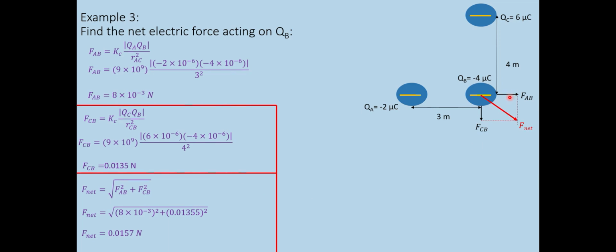Next step is to find the direction. Theta equals tan inverse opposite over adjacent. I chose this angle, so theta equals tan inverse. This is the opposite side, which is the same as FAB, and the adjacent is FCB. We replace to get the values. Now the reference angle will be this one.